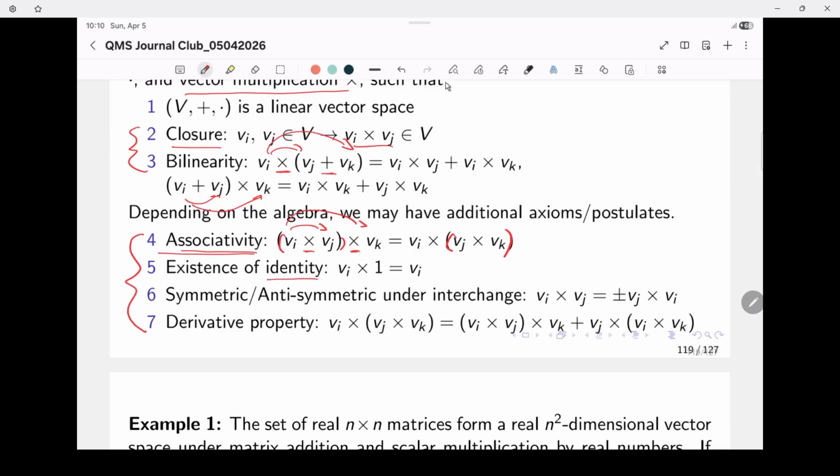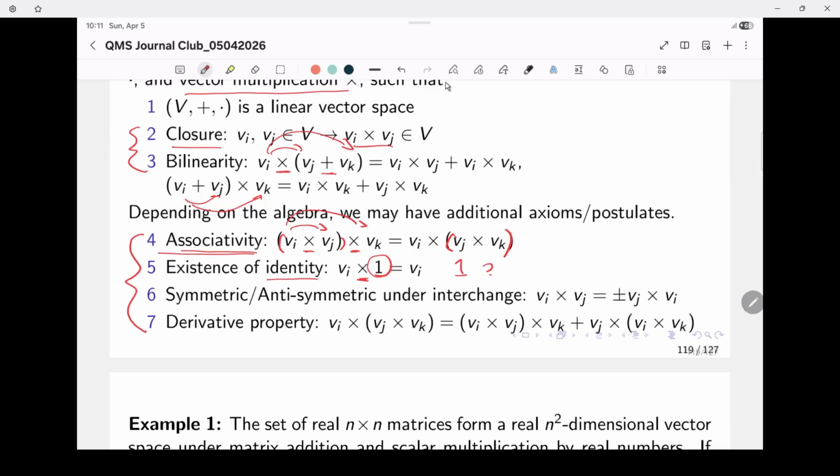The existence of identity. So now we meet again this one. Where is this one coming from? Is it also the field? Nope. Look at the vector.